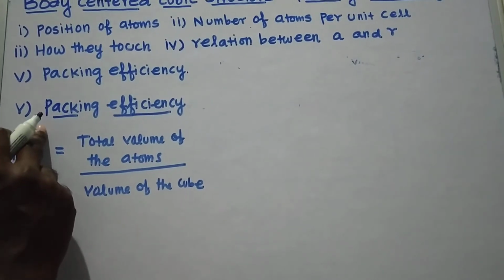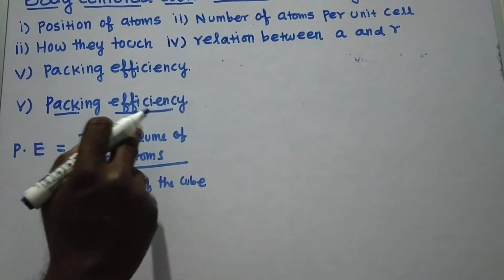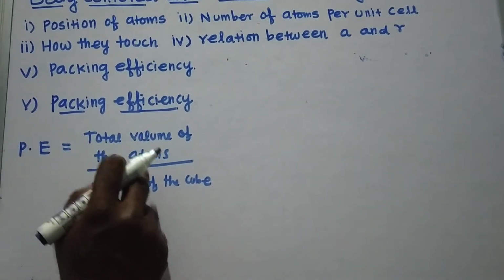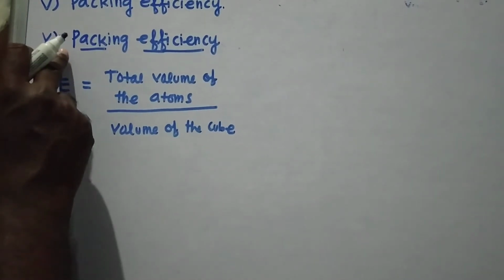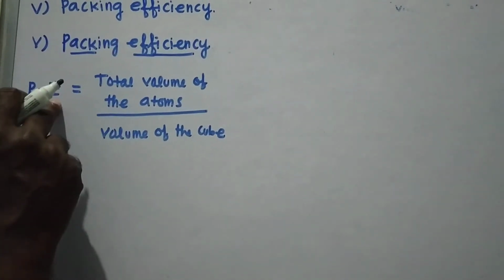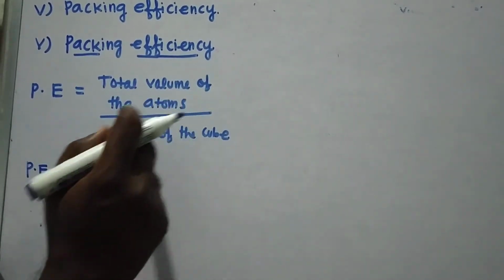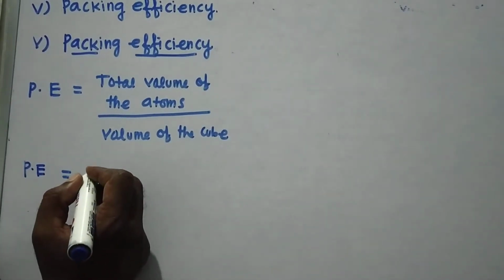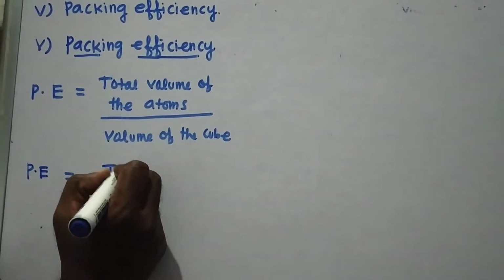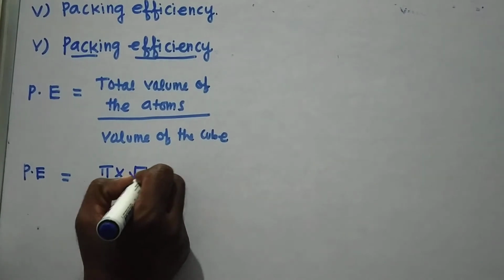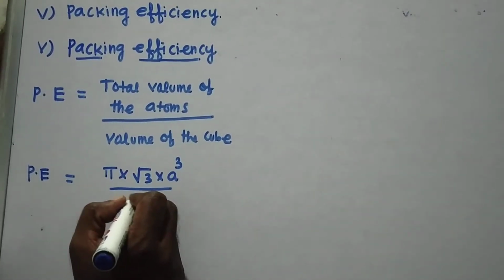Now we are going to see the packing efficiency. Packing efficiency is equal to the total volume of the atoms divided by volume of the cube. So the total volume of the atom is equal to pi into root 3 into a cube divided by 8.